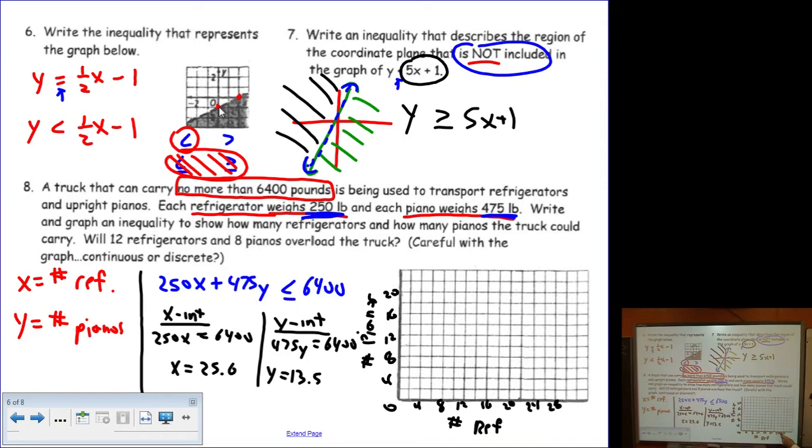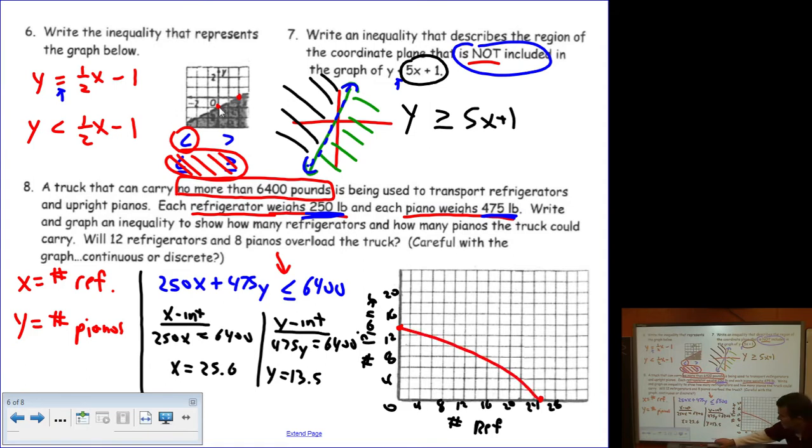Here's 24, here's 26, 25.6 is right about there. And 13.5, there's 12, there's 14, 13's in the middle, 13.5 would be about right there. So my line would be a straight line between those, and it would be a solid line.